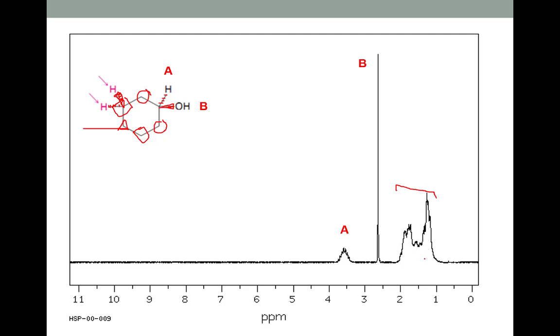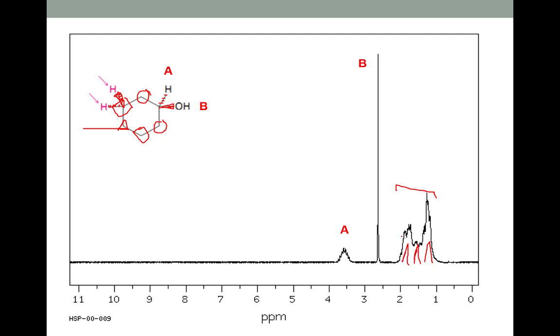Now, probably we have a signal sort of centered here, another one sort of centered here, and a third one sort of centered there, representing our circles and squares and triangles that I drew on that original diagram over there. But they're so similar to one another that they're all sort of overlapping and messy.